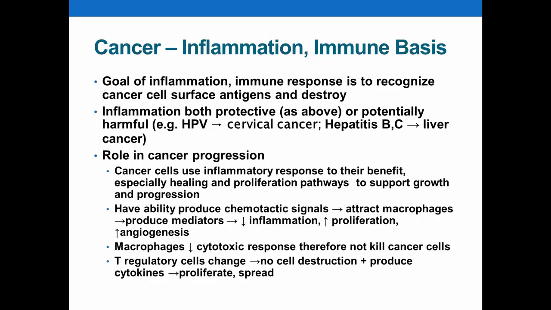Cancer cells have the ability to produce chemotactic factors. Those chemotactic factors or signals attract macrophages. Once they attract those macrophages, though, they actually produce mediators which then decrease inflammation, increase proliferation, and increase angiogenesis.